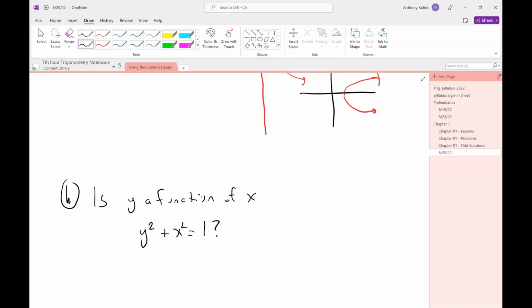So let's say we ask, is y a function of x? And then our equation is y squared plus x squared equals 1. What do you guys think here? We're specific, right? X is the independent variable, y is the dependent.